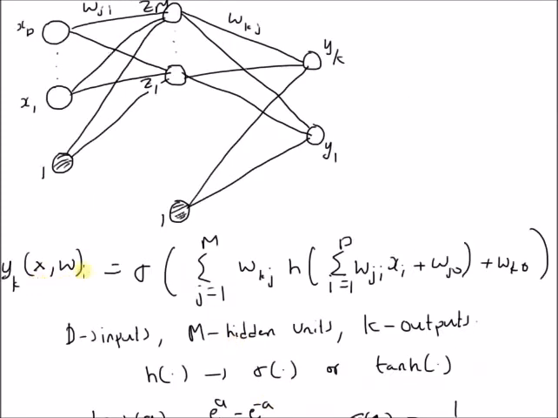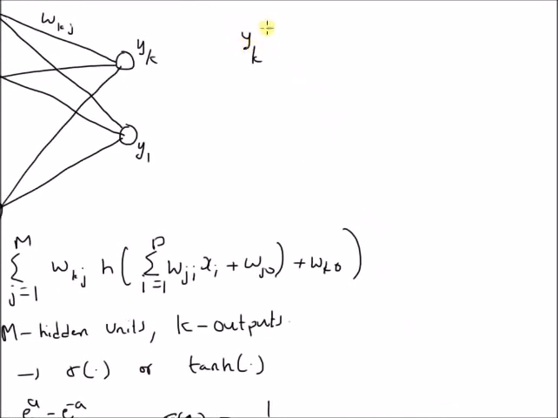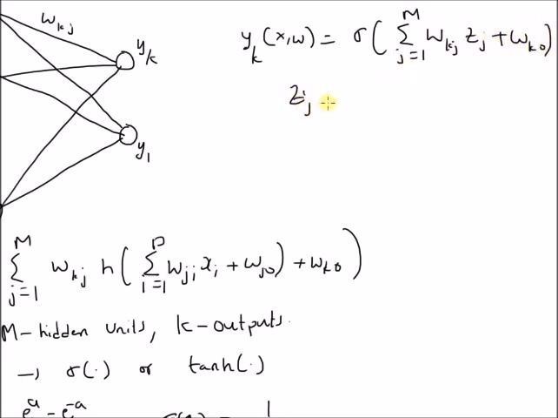Now the kth output of this neural network can also be rewritten as follows. That is yk of x, w is equal to sigmoid of summation j equal to 1 to M wkj zj plus the bias, where zj is equal to h of aj. And obviously aj is equal to the summation i equal to 1 to D wji xi plus wj0. So this is the value of the input to h of aj.